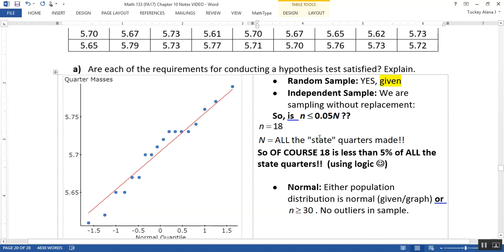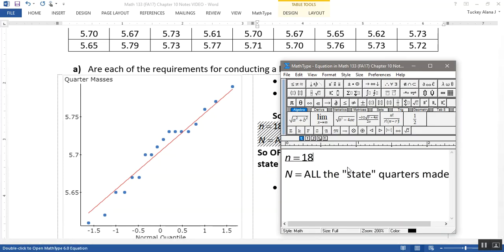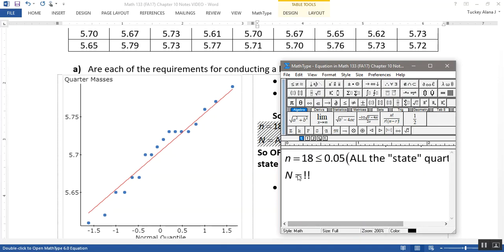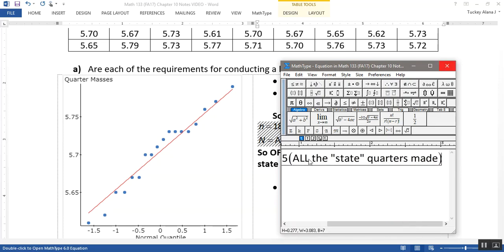Of course 18 is less than 5% of all of those. That's just silly. A cleaner way to write this, for my students in class, they'll sometimes say this: 0.05, and then for capital N, they'll actually just put in all the state quarters made, right? So that way you're letting me know that you know what your sample size was and you know what your population size was.